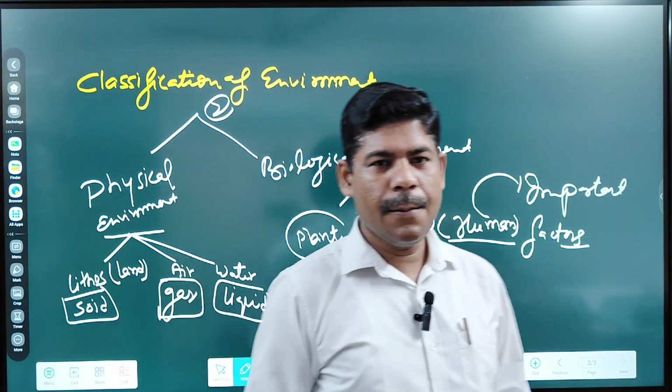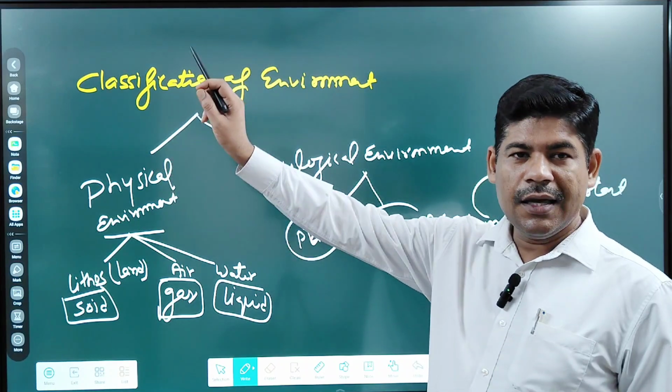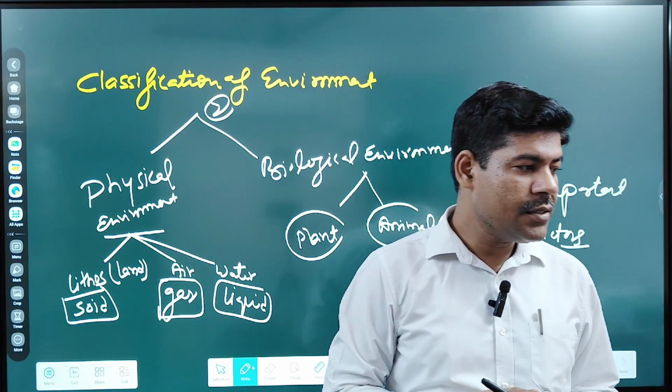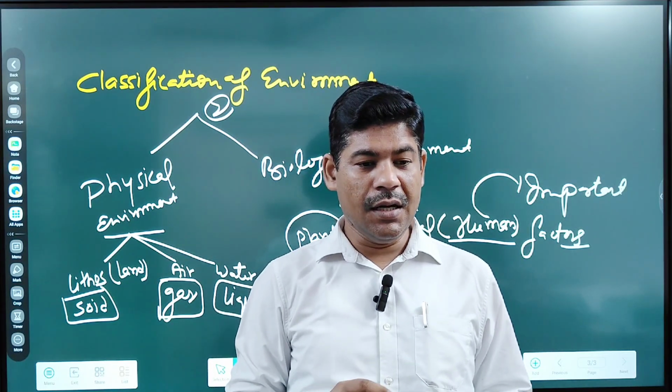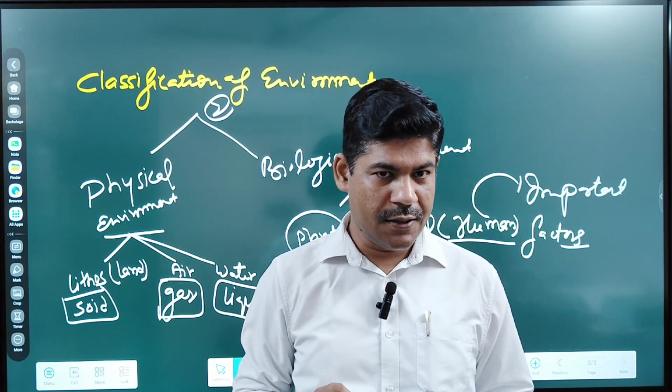So in very simple way, we discussed here about the classification, about the basic meaning of environment. But your examination may held some other questions related to definition of environment.